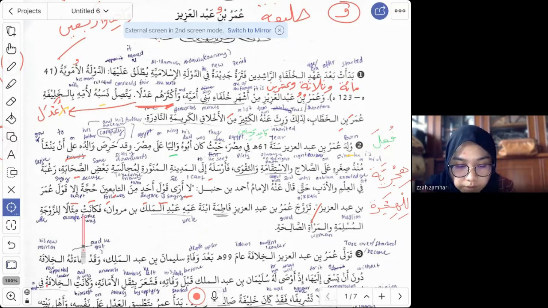Fakanat misalan lizawjati al-muslimati wa mar'ati as-salihati. Okay, fakanat means she was. Misalan means example. Lizawjati means wife.